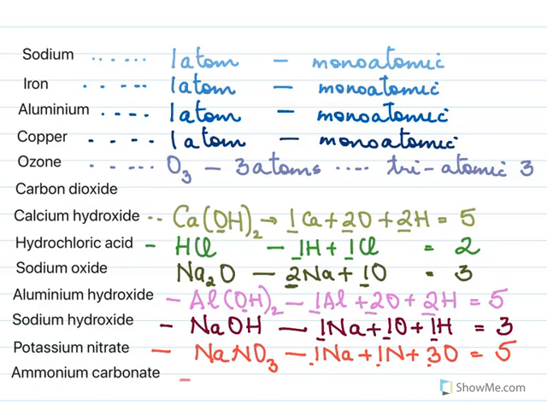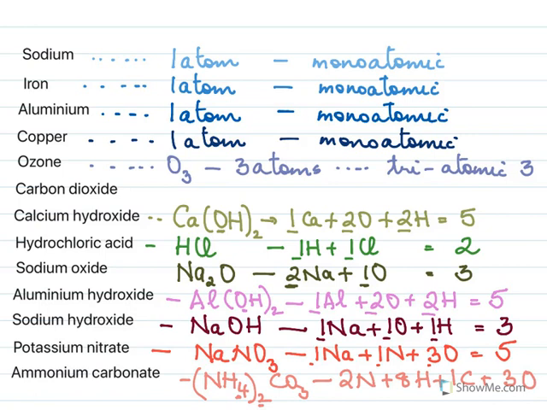And then we have ammonium carbonate. Ammonium carbonate is (NH4)2CO3. So here, if you see, there are 2 nitrogens, 4 into 2, 8 hydrogens, 1 carbon plus 3 oxygen.